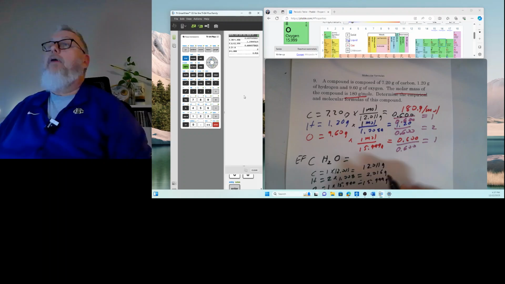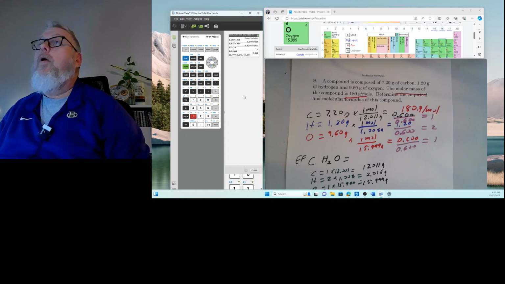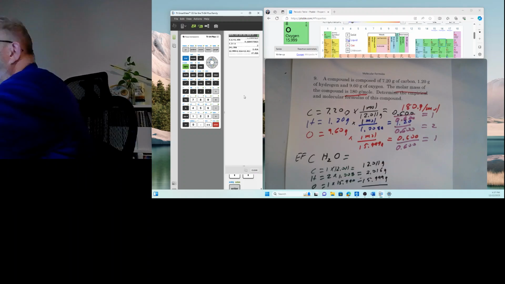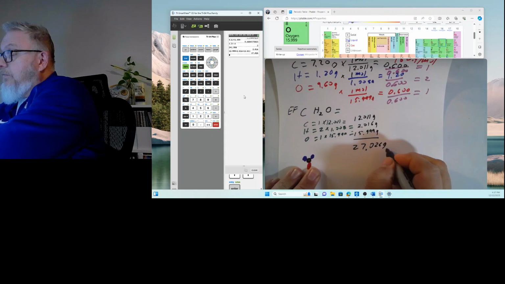All right, so let's add that up. 15.999 plus 2.016 plus 12.011, and I got 27.026 grams per mole. For every 1 mole of CH2O, it would be 27.026.